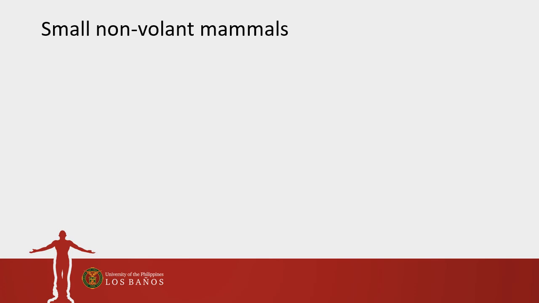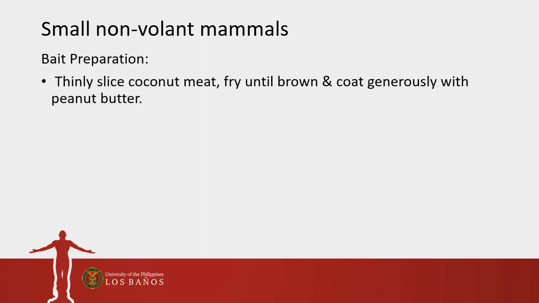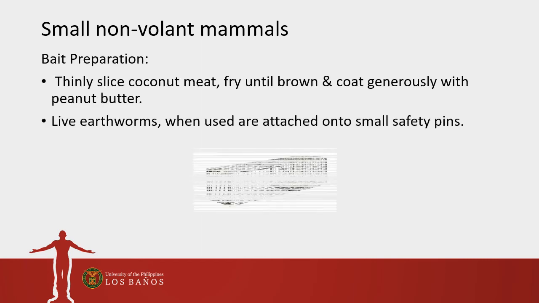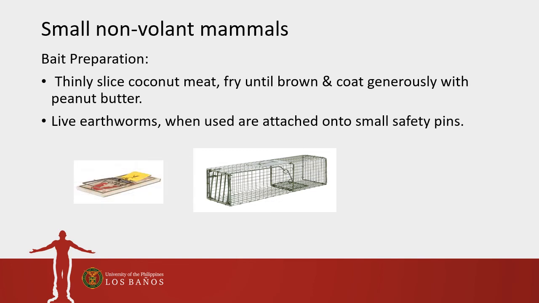For small non-volant mammals such as rats, mice, and shrews, trapping is done. I guess you might be familiar with the snap trap on the left and cage trap on the right. Your family might have used this to capture rats and mice in your house. In the field, these are also used. However, snap traps are kill traps and are not recommended, especially to capture endemic rats.